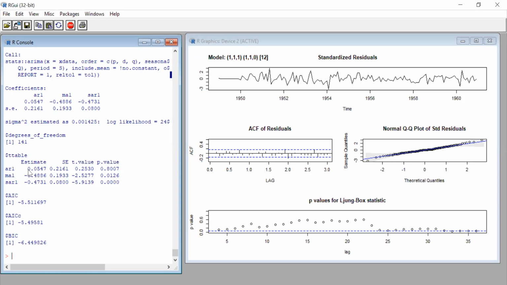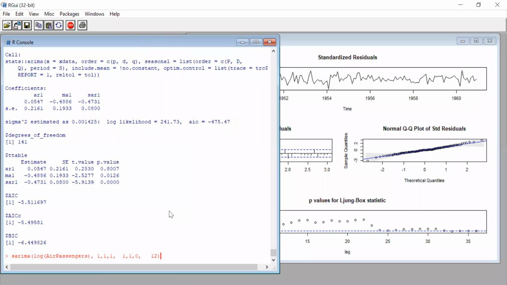Now the AR parameter is not significant. So that means we can try again. We can delete this one, set it equal to 0, because the p-value for the small AR1 is not significant.